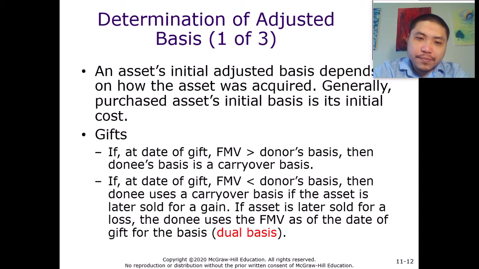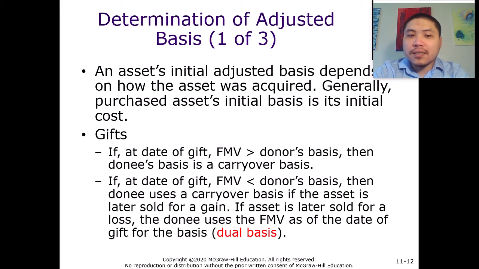So there are two scenarios in this case. If at the date of the gift, the fair market value is greater than the donor's basis, then the donee, which is the receiver, has a carryover basis from the donor. So let's say at the date of the gift, the donor's basis is $5,000, and the fair market value is $6,000.